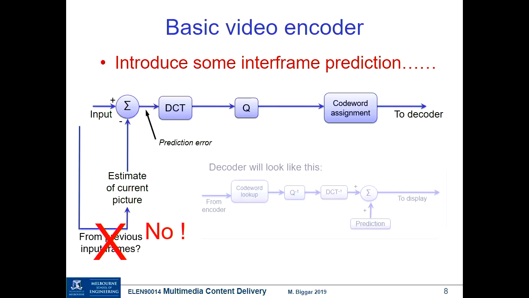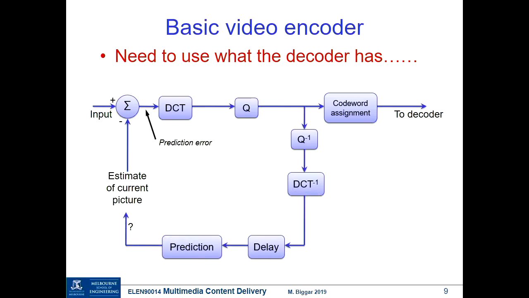This logical development is the same as I talked about earlier, but we're saying that we can't use these previous input frames because they're not available at the decoder. We have to use the quantized information, but we can't directly do this for the same reason that we discussed in the case of DPCM, and that is we're trying to predict a full image. We're only using the luminance component just to illustrate.